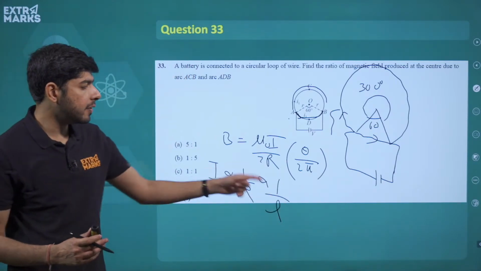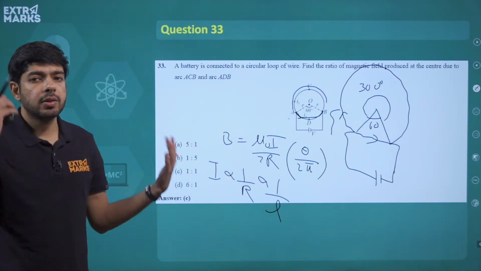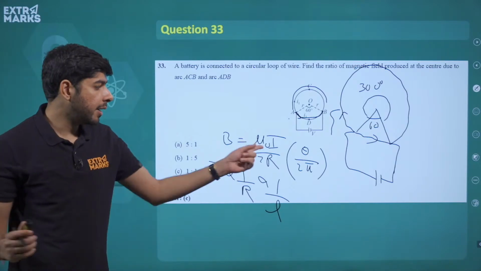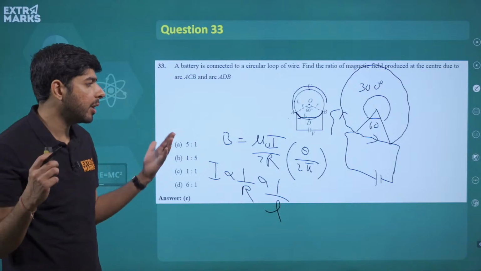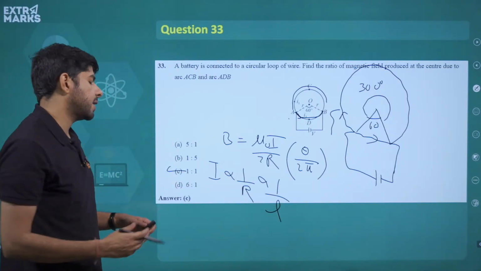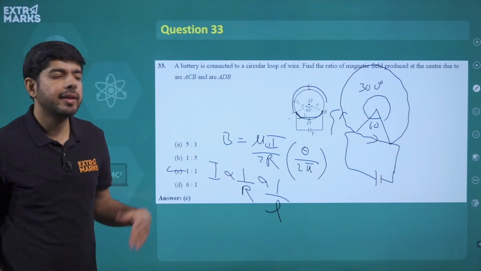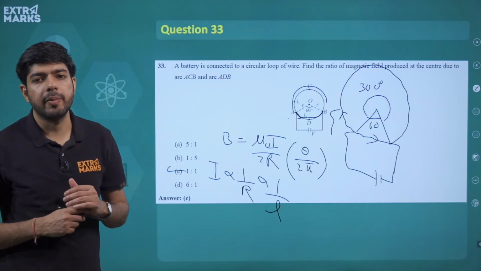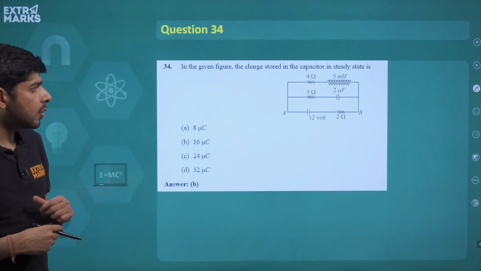So I is inversely proportional to length, and theta is proportional to length. So length will get cancelled. Finally it will not depend on the length, it will be same for both. Not very simple at first glance, but if we write the formula correctly, the answer will follow automatically.